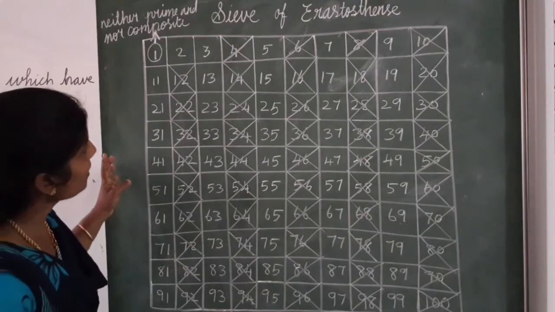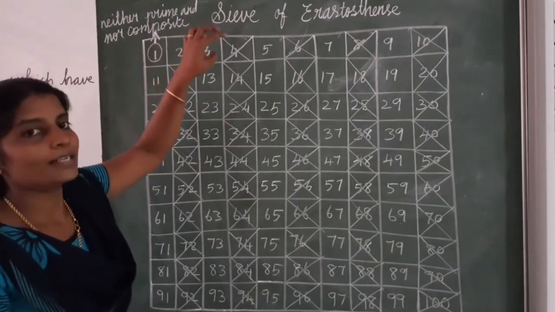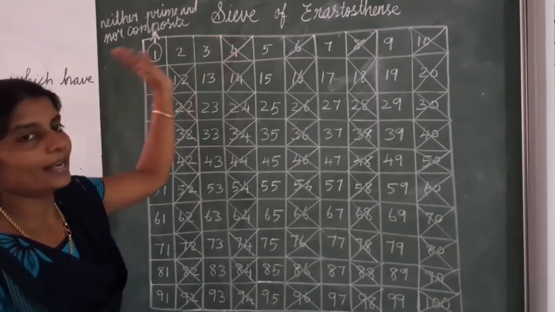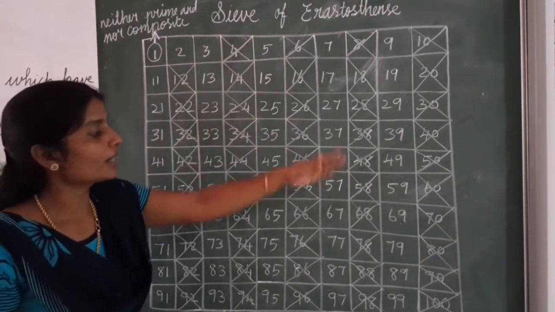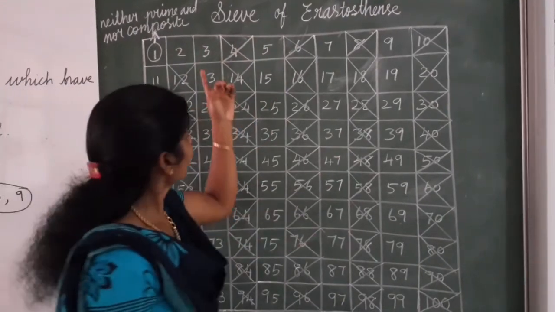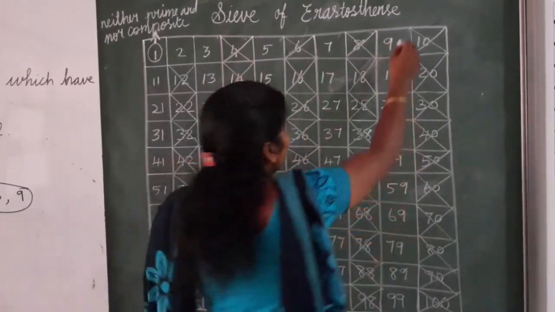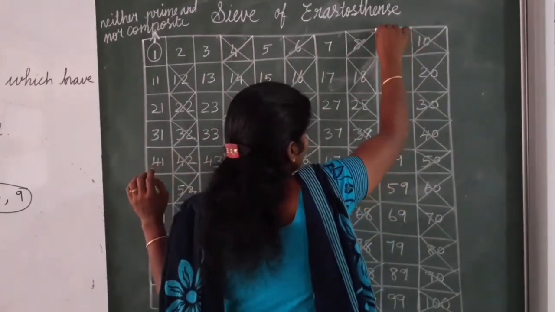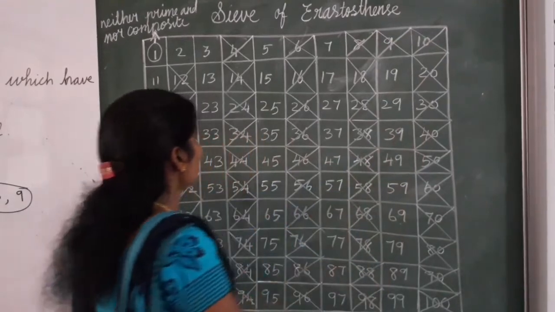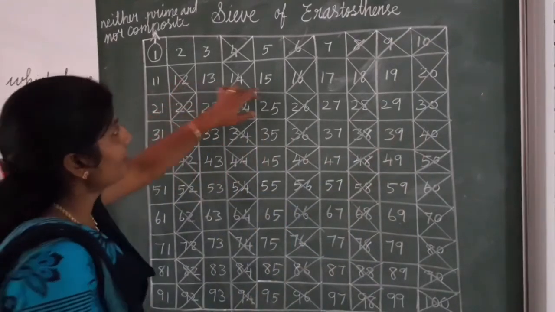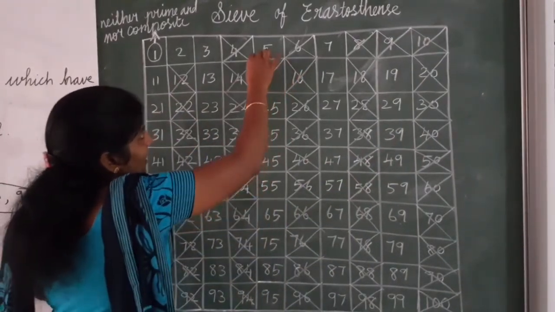Now we cross out the multiples of 3 except 3. What are the multiples of 3 here? 3 3s are 9. If we divide by 3 and get remainder 0, those numbers we can cross out. Then here 15, 5 3s are 15.